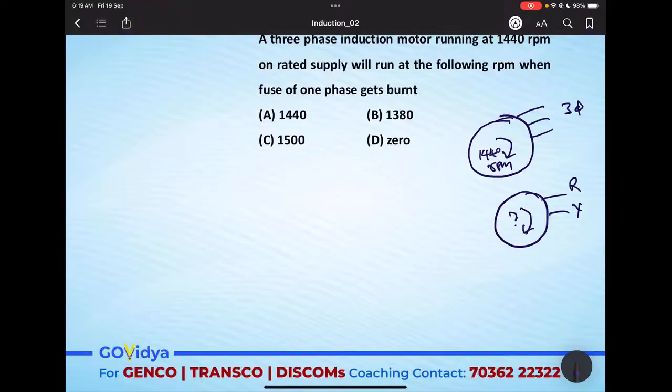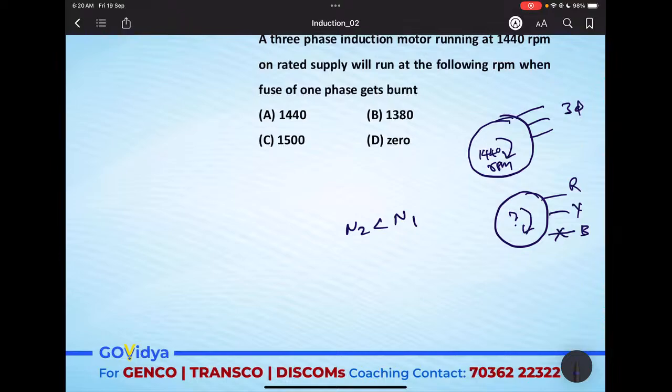So when one phase burns out and one phase supply is not there, what will happen? Still the motor will keep running, but at less than the previous speed. That means N2 will be less than the previous speed N1. This is the first condition.